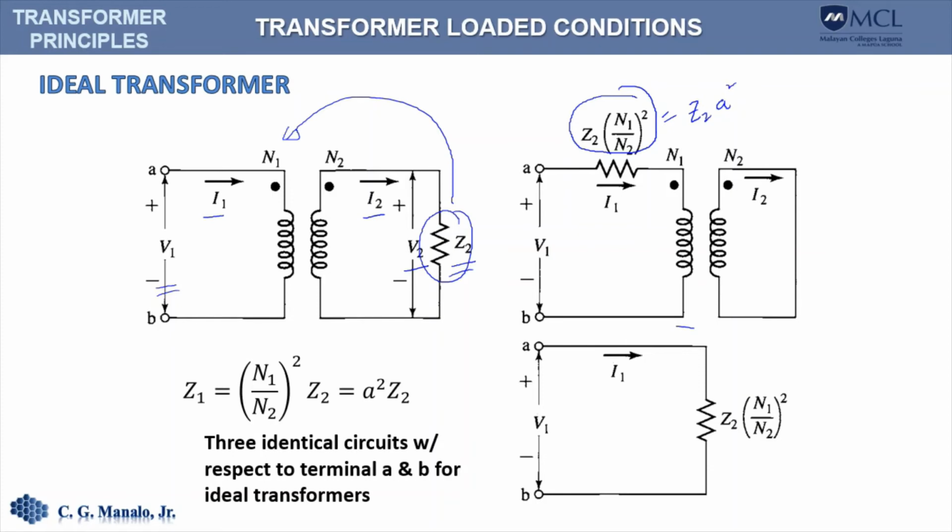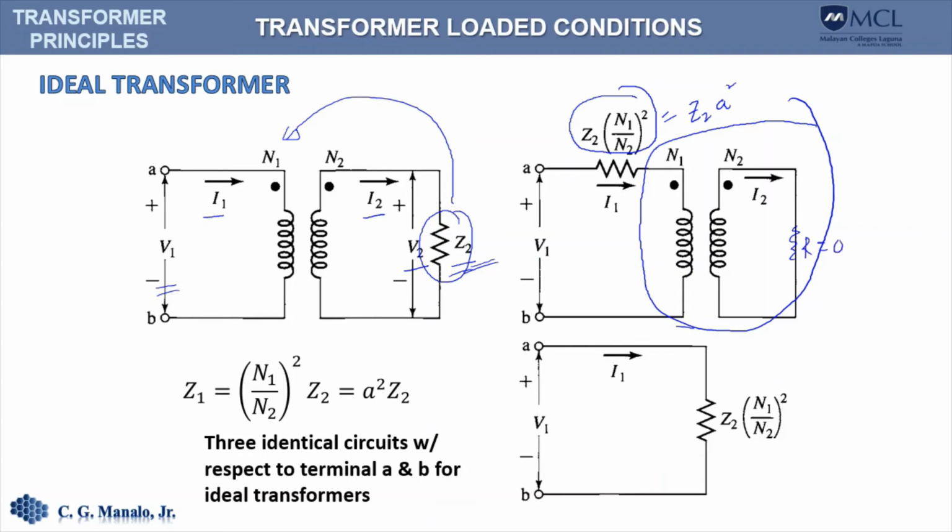And we can replace Z sub 2 here by a short circuit. This whole thing here we could also replace, since this is a short circuit, we can assume this to be a resistance equal to zero.